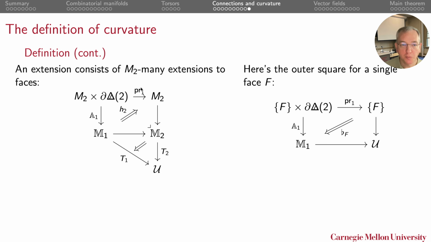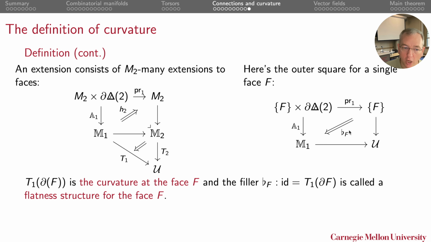So let's just pick one face that's in this non-bold M2, and let's look at the outer square, and that's what I've drawn on the right, the outer square, single face. So this is declaring something like that at this hub point, the T1 on the hub point, there's a filler to T1 on the triangle. So the filling of that face, like we just defined for the octahedron.